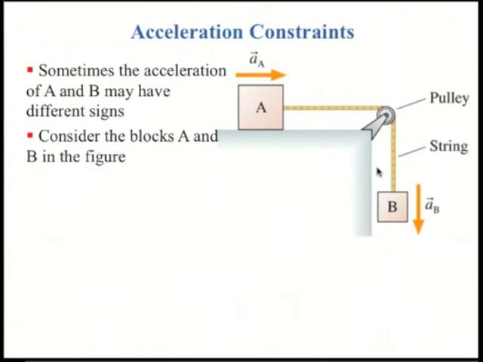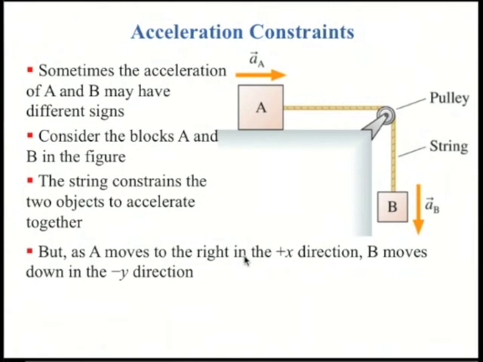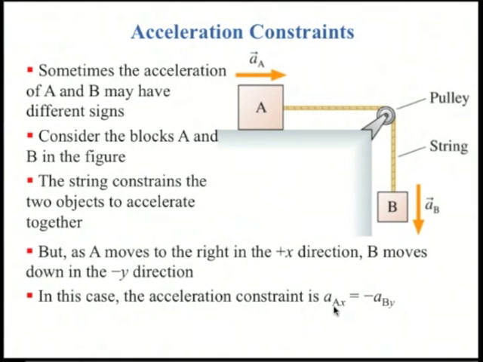Only thing in this case is if you define positive towards the right and positive up in the y direction, then these accelerations will have opposite signs. So as A moves in the positive x direction, B moves in the negative y direction, so the acceleration constraint here is the acceleration of A is negative the acceleration of B.